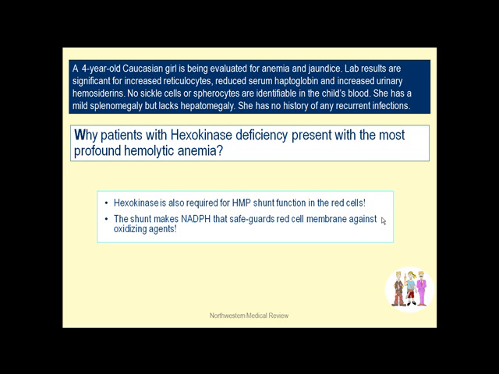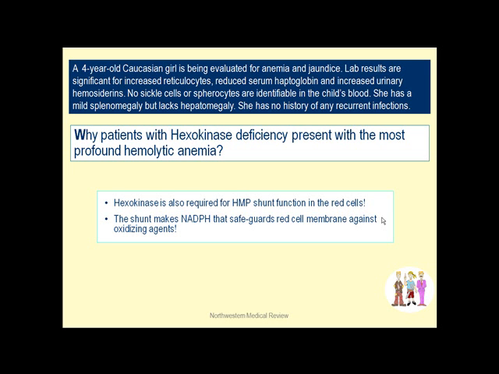It's essential for the synthesis of lipids and fats. But at the same time, because of that reducing effect, it shields the red cells against the oxidizing agents. In the absence of NADPH, the oxidizing agents will damage the membrane of the red cells.